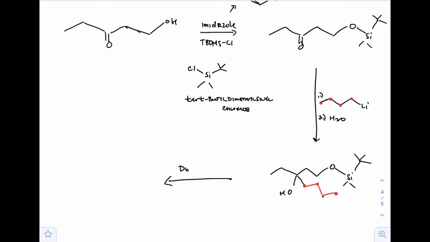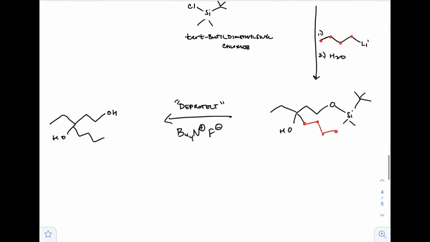But now, since we have that protecting group on there, we don't really want it there, so we have to do something called deprotection. To deprotect this silyl ether, this is what it's called, it reacts with fluoride salts. A super common one is tetrabutylammonium fluoride. And then you end up with your desired compound in the end, right?